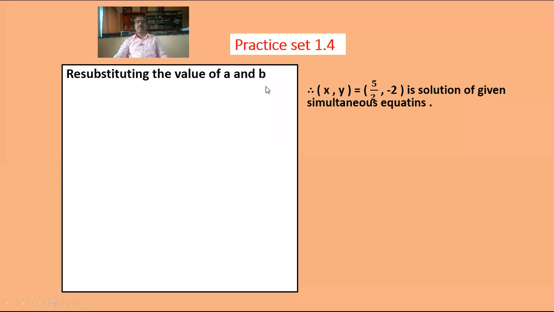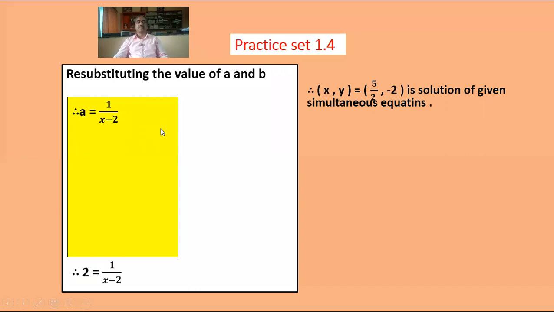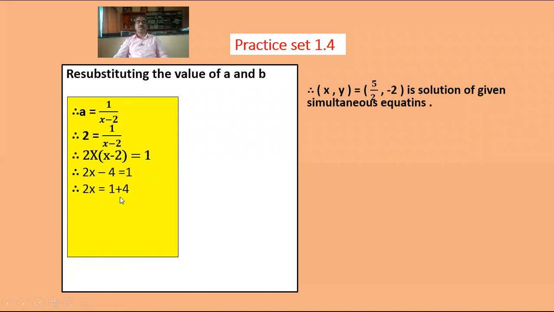Therefore, a is equal to 1 upon x minus 2, and the value of a is 2. So 2 is equal to 1 upon x minus 2. Here x minus 2 multiplied by 2: 2 in bracket x minus 2 is equal to 1. 2 into x is 2x, minus 2 fours are 4, is equal to 1. Minus 4 goes to the RHS, then we get plus. 2x is equal to 1 plus 4, 2x is equal to 5. Therefore, x is equal to 5 upon 2.